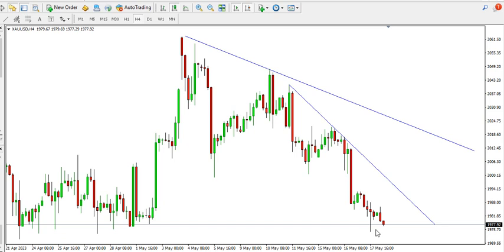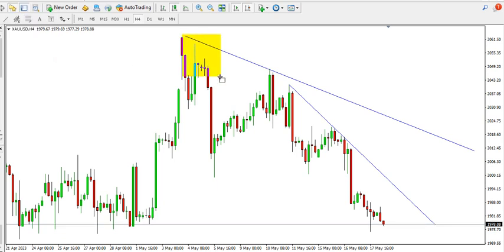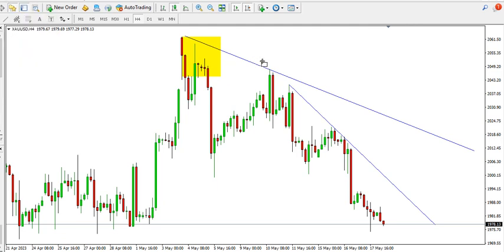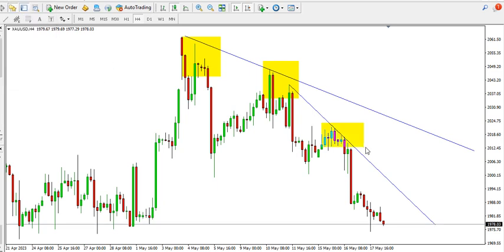So it's bearish. We can see more like a three drive pattern. This is the first top, this is the second top, and this is the third top. This kind of pattern is a bearish retracement or reversal pattern.